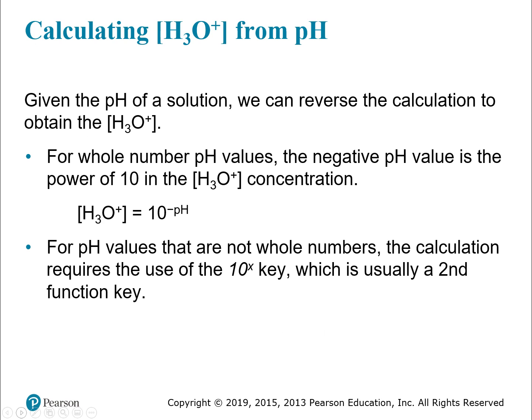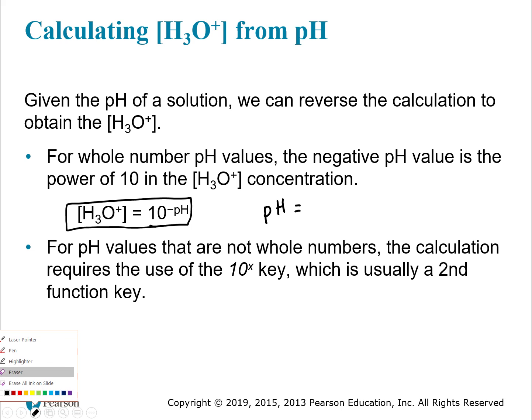So we covered how to calculate pH from hydronium concentration. You can also do the reverse. You can calculate the hydronium concentration from the pH. This is the equation we're going to be using. So let's say that I had a pH, oops, I'm thinking about the hydronium concentration.